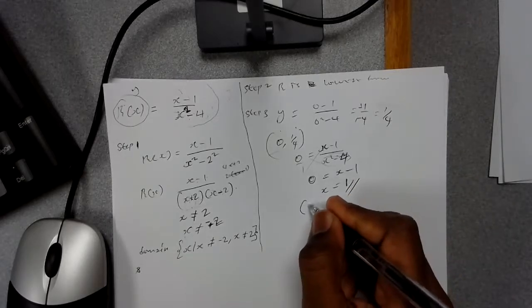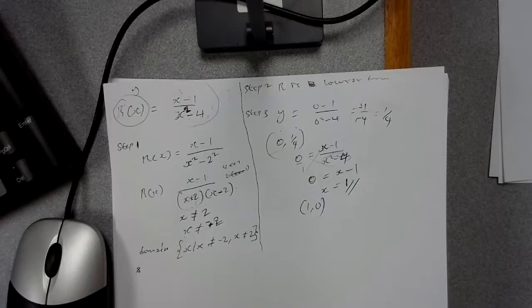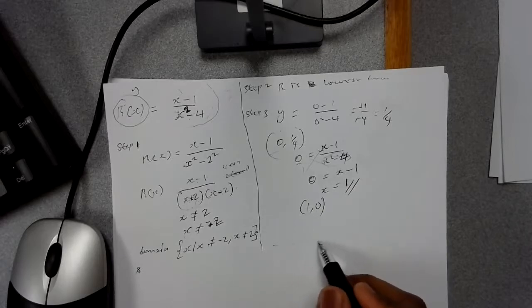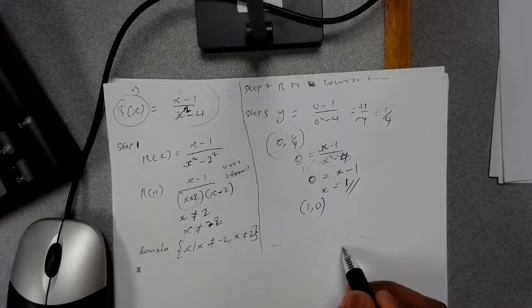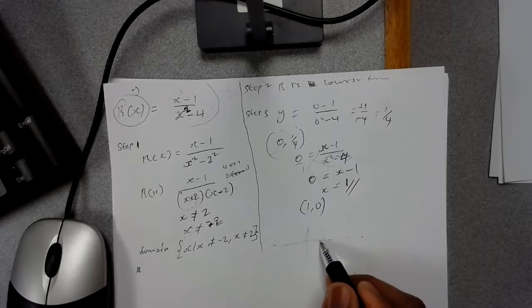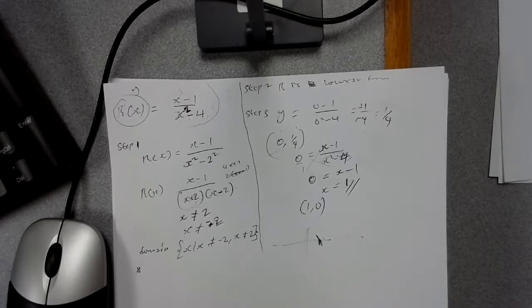So it's going to be at this point, 1 and 0. It means whenever we draw this graph, it's going to cross the x-axis at x equal to 1, positive 1 here.